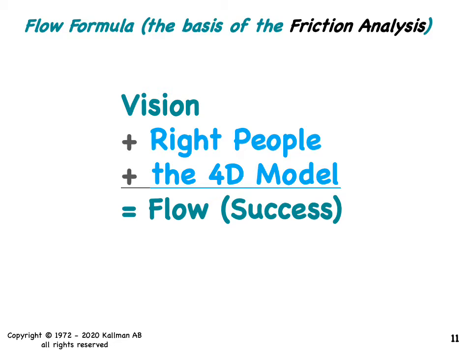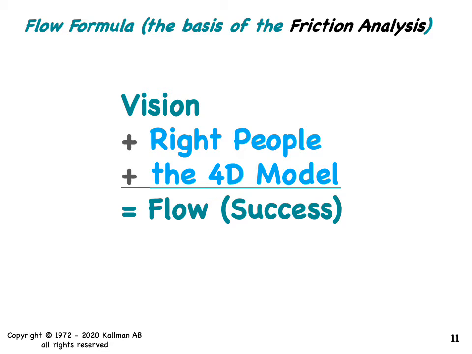When you get these three parts correct and everyone is entering into individual and team level states of flow, then you have a really good chance to succeed. This is a very simple formula, but it's been distilled and honed over the last 25 years.